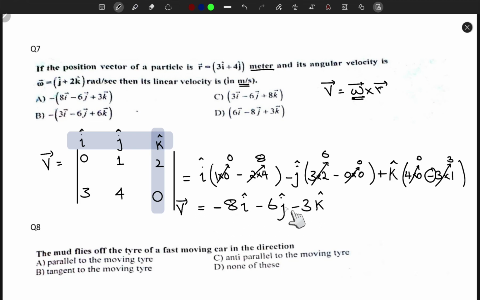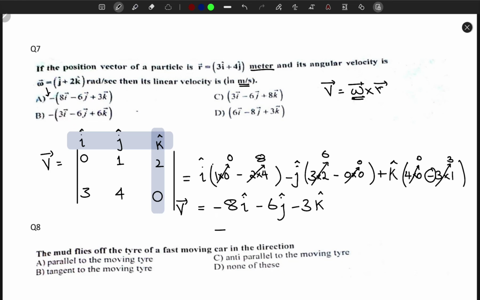Now let's look at our options. So we have option A, minus 8 i hat minus 6 j hat plus 3 k hat. And then another similar option is this one, 3 i hat minus 6 j hat plus 8 k hat. You don't see something like this immediately, but remember that there is a minus sign common over here.